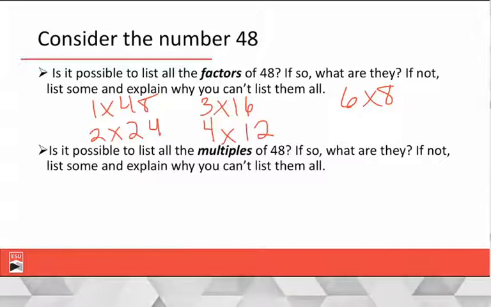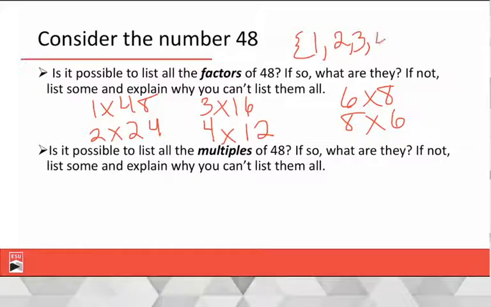And so we have 8 times 6, and we reach our turning point. All of our factors are 1, 2, 3, 4, 6, 8, 12, 16, 24, and 48.